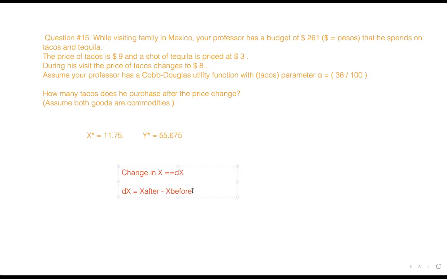And in the types of problems that we're solving here at the end of this chapter, the sign, whether it's negative, a decrease, or positive, an increase, is important for being able to interpret what happens when there's a price change.